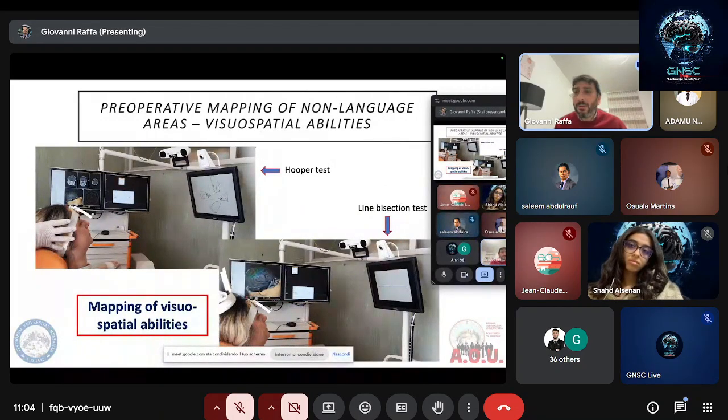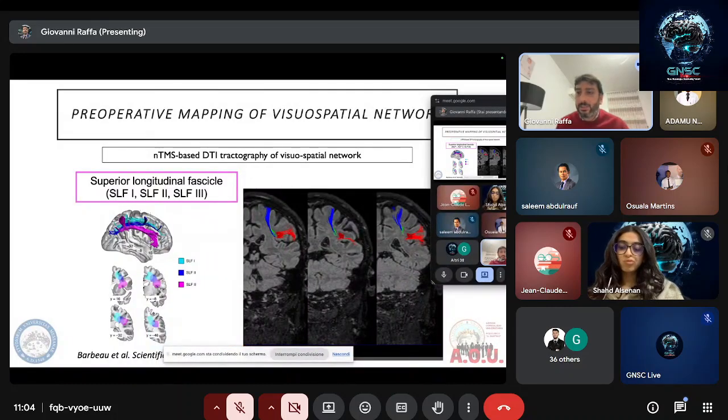Moreover, this kind of approach can be used to study other functions, for example, visuospatial abilities using different tests, not a standard object naming task, but for example, some tests like line bisection test, Uber test for the identification of the cortical areas involved in our visuospatial skills. We can use again DTI tractography to identify subcortical structures involved in the visuospatial network, for example, the superior longitudinal fascicle.